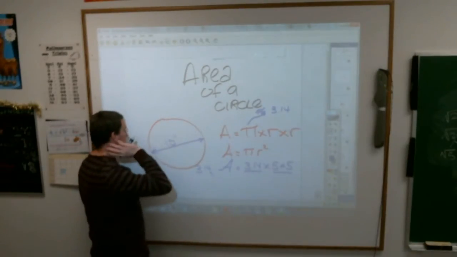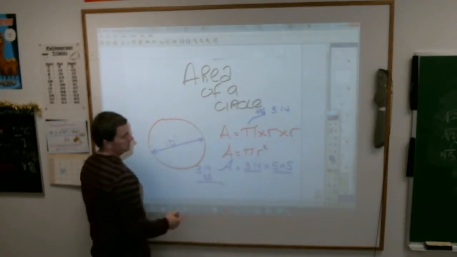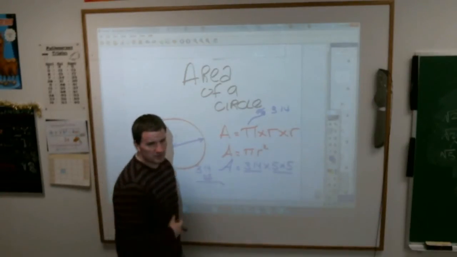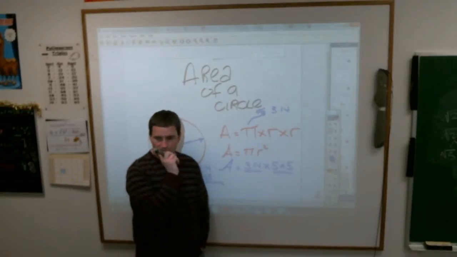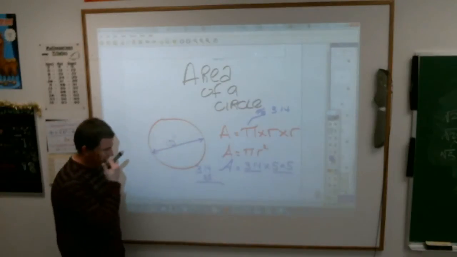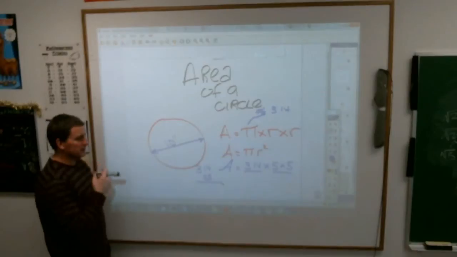Or if you knew how much money 314 quarters was, you probably could figure that out. Divide 31.4 by 4: 4, 7, 28, 34. It's going to be 7 something, isn't it?